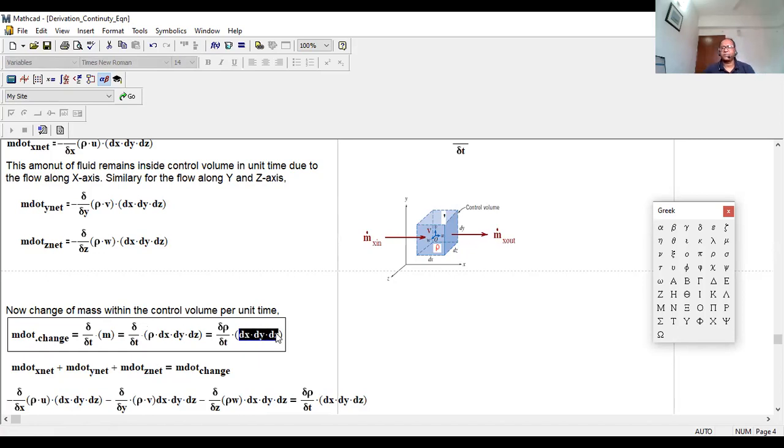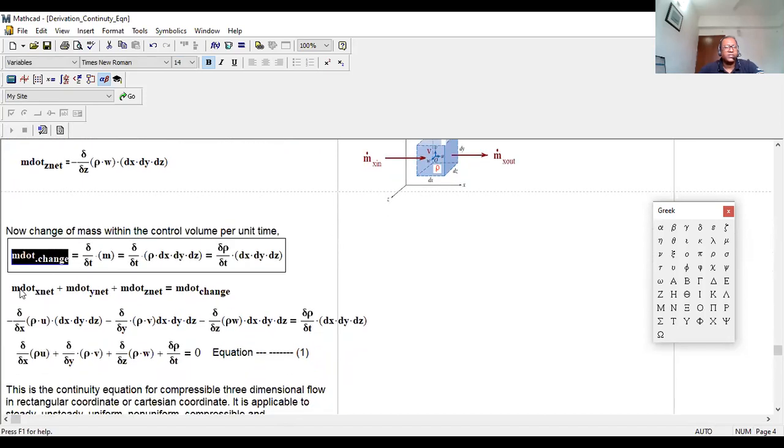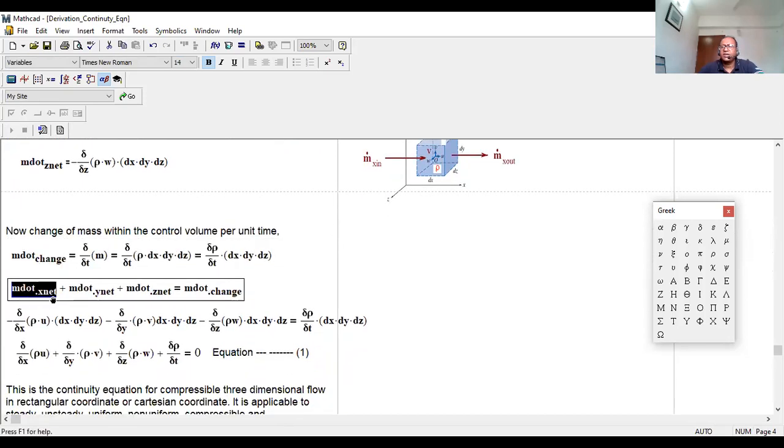Now, what do you see? This is the mass increase or decrease inside the control volume. So if I make the summation of m dot net along the x-axis, y-axis, z-axis, that will be equal to this term. So you see m dot net along the x-axis, y-axis plus z-axis, equal to m dot sense.